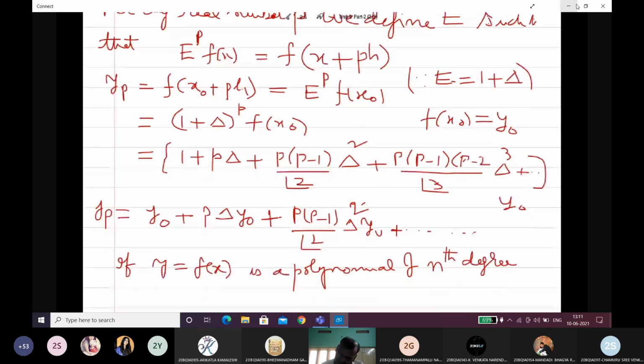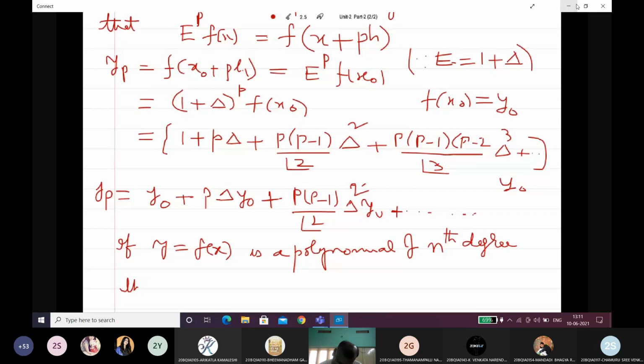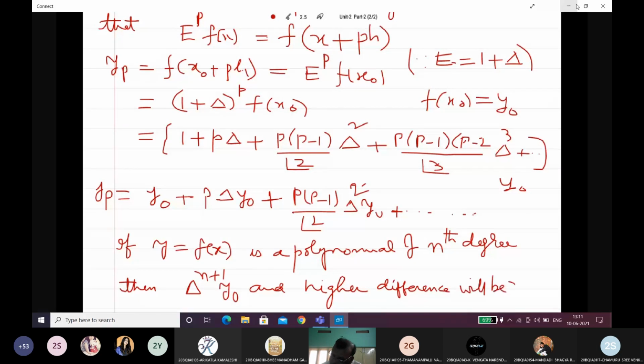Then delta power n plus 1 y naught and higher differences will be 0.